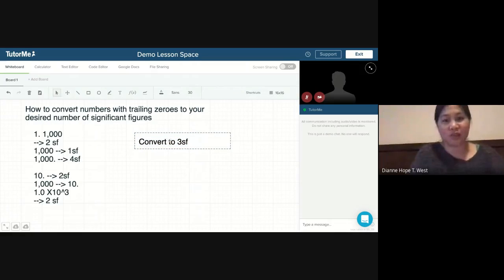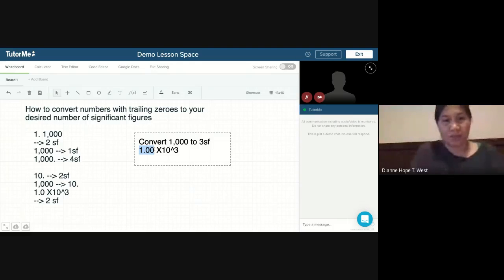So we are converting the same number, which is 1,000, to three significant figures. So we're going to do the same process. So this time we are going to write 1,000 in scientific notation with three significant figures.